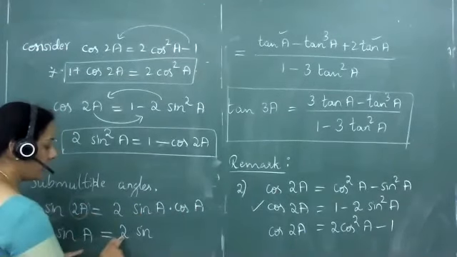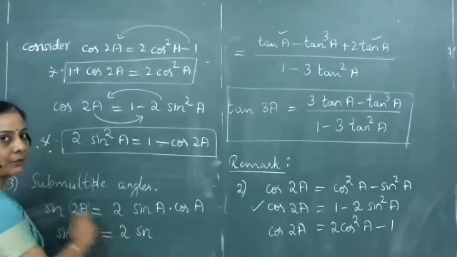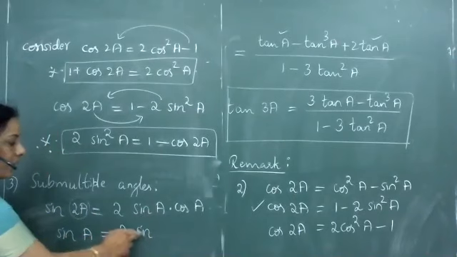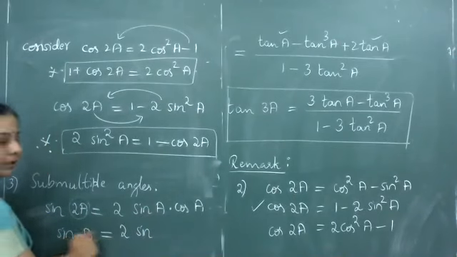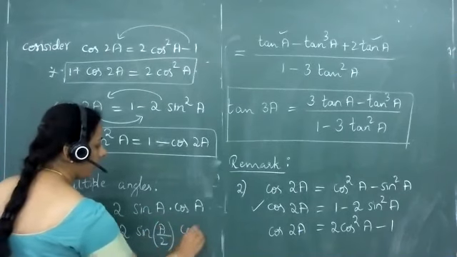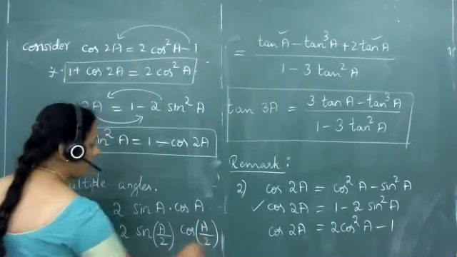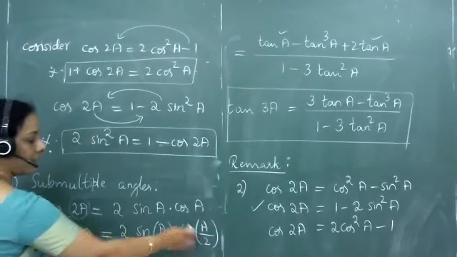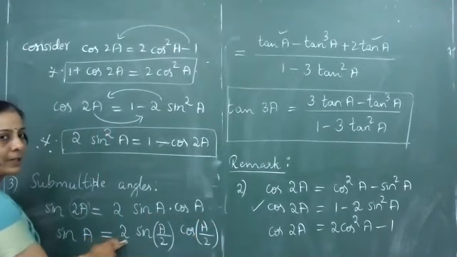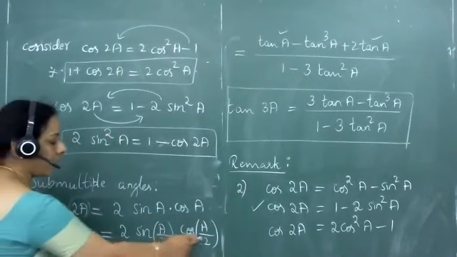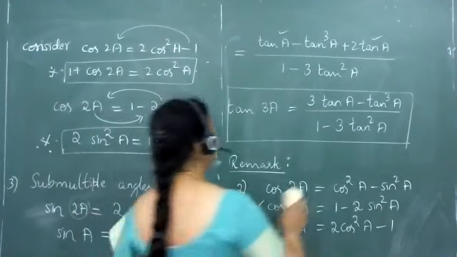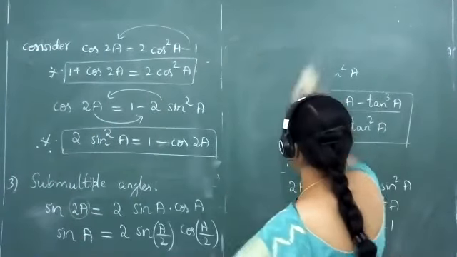Change to what? The coefficient 2 will have to remain as it is. Sine of half the angle of A, which becomes A by 2, multiplied with cos of half the angle of A, that again comes as cos A by 2. So sin A clearly will be equal to 2 sin A by 2 multiplied with cos A by 2. This is the first submultiple angle formula that we have.